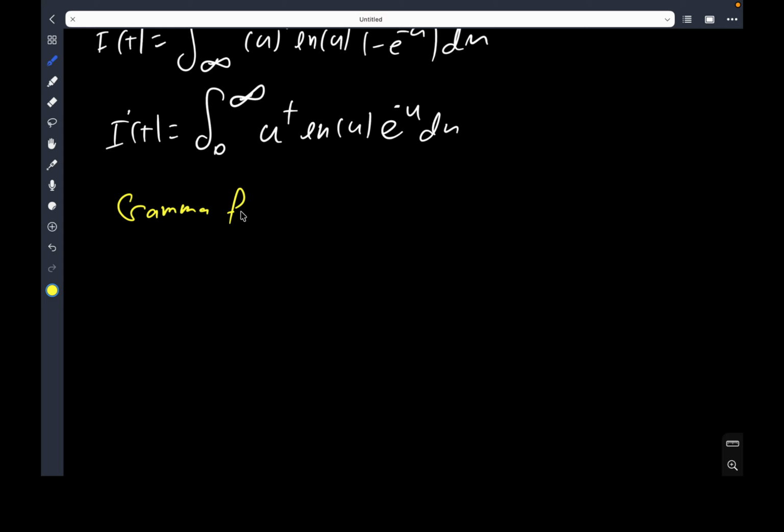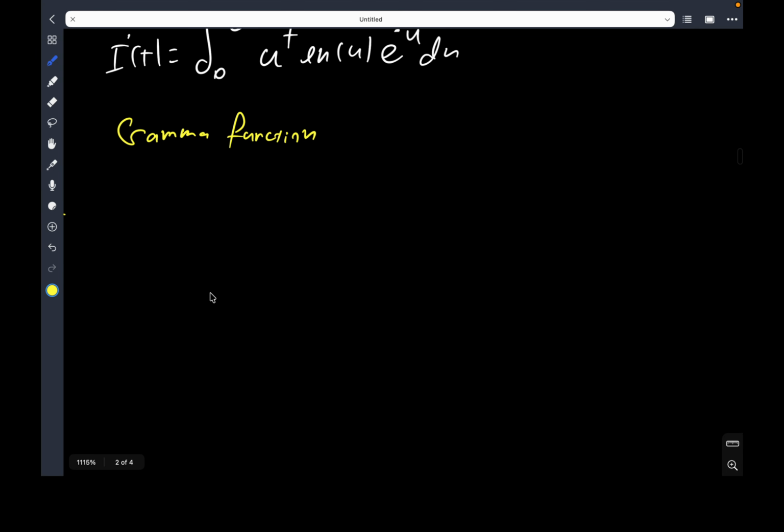The gamma function is defined as gamma of s equals the integral from 0 to infinity of u to the s minus 1 e to the negative u du.